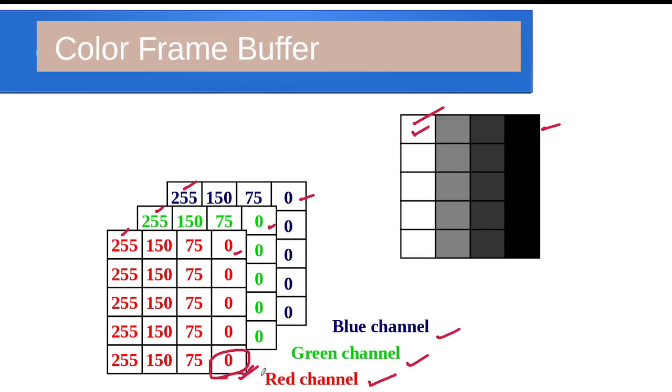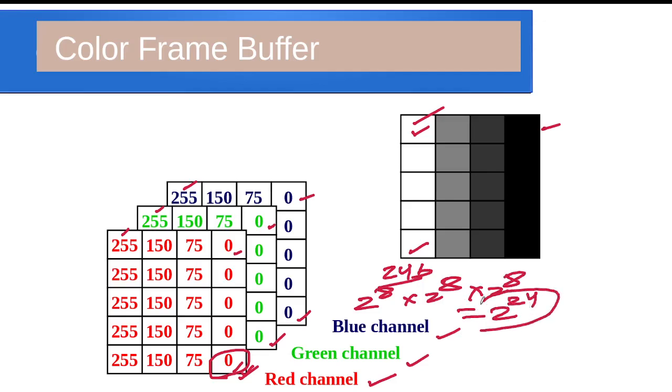Suppose at each pixel you are having 8 bit, 8 bit, 8 bit, which means 24 bit at each pixel. It will give you 256 times 256 times 256 colors. That is 2 to the power 8 into 2 to the power 8 into 2 to the power 8, which is giving you 2 to the power 24 colors you can represent for any pixel, if you are having just 8 bits per channel.